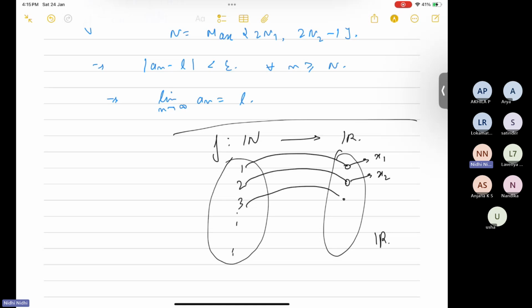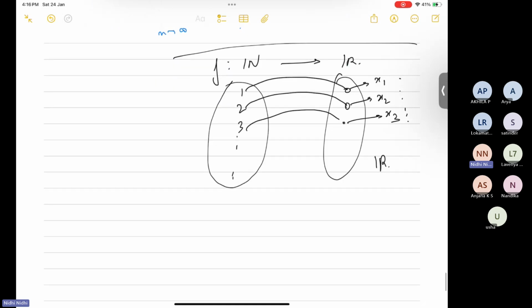Similarly, this is x3. There need not be any relation between x1 and x2. Anyone can be bigger, anyone can be smaller. There are just some real numbers, x1, x2, x3, and so on. Now I collect these elements, x1, x2, x3, and so on. We call this a sequence.